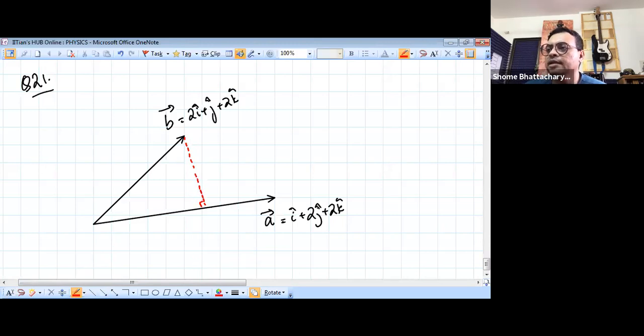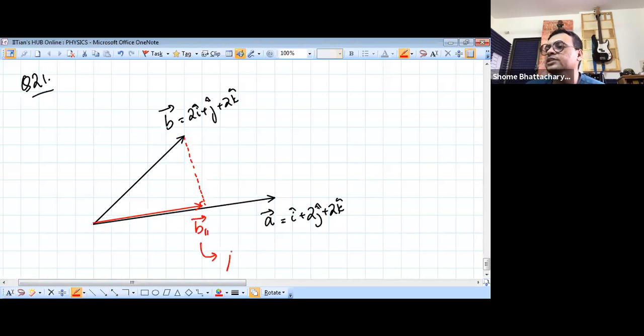And this now becomes the projection of B along A. It's like, you know, if this was my x-axis, suppose A का जो direction है वो मेरा x-axis होता, then what would this be? This would be the x component of B. So like that, now this is not the x-axis, this is just some arbitrary vector A. So the component of B parallel to A is this one.